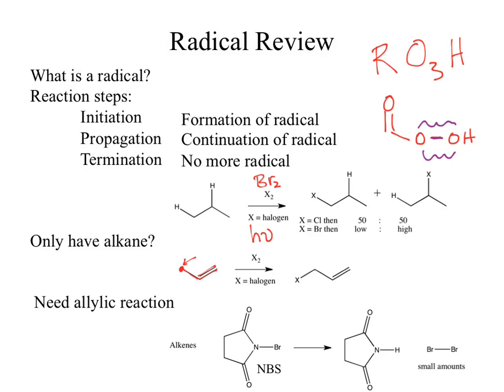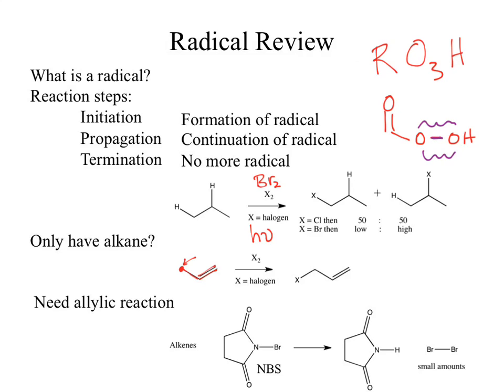The bromine reacts with the double bond, not with the allylic position. Okay? So to prevent that reaction, what we'll do is limit the presence of bromine. If we can limit its presence, we can try and help allow for the allylic reaction instead of the addition reaction. Okay? To do that, we'll use NBS.